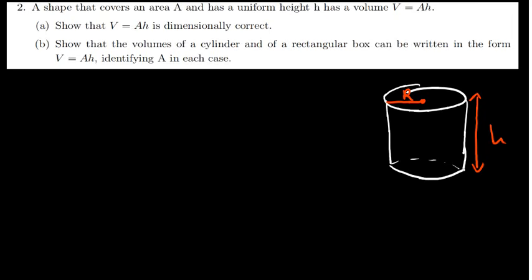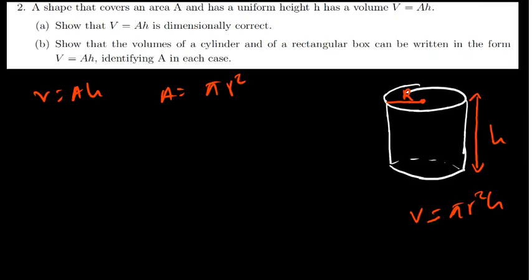Area times height. Do you know that A is constant in that case? The formula for calculating the volume of the cylinder is pi r squared h. So A in this case is pi r squared.